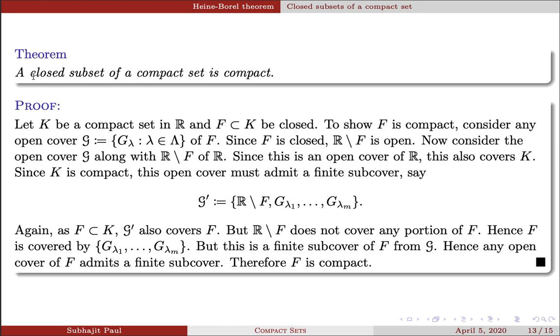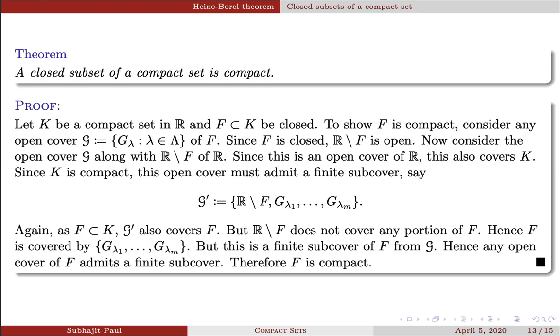Therefore, this closed subset will be a closed and bounded subset, and hence it will be compact. But since we want to travel the other way around, that we want to use this one to prove the Heine-Borel theorem, we are seeing a fresh proof of this one.